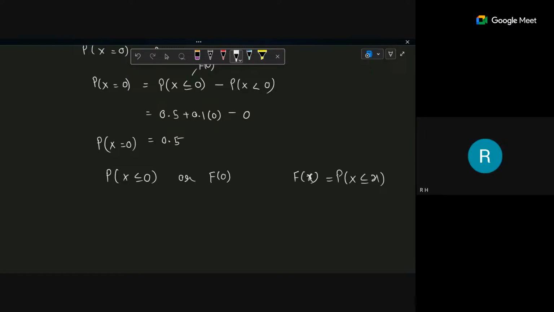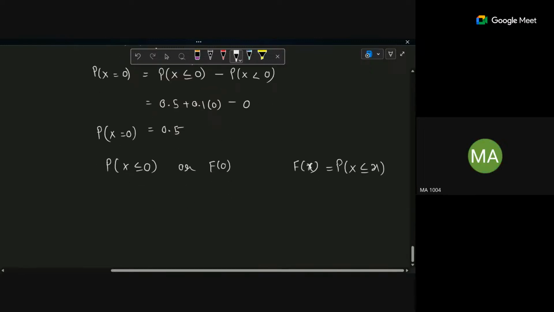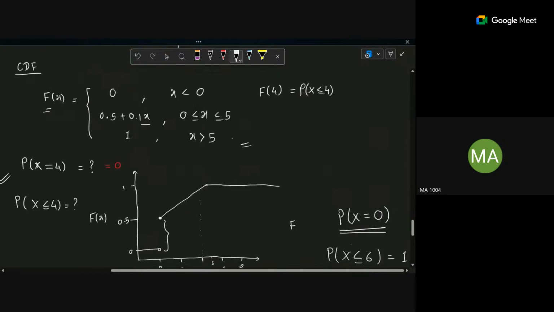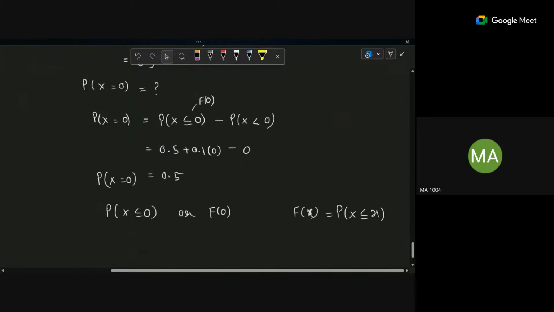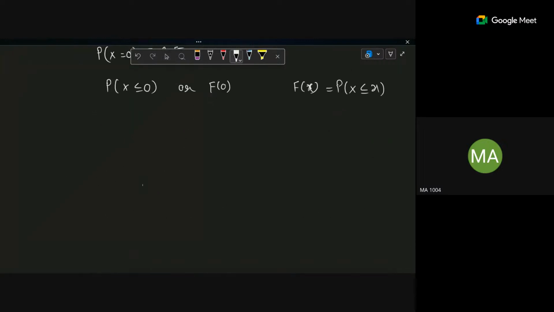Okay, got it. One last question. It may be like, what is the probability at x greater than 3? How will you go for it? 1 minus probability less than or equal to 3.